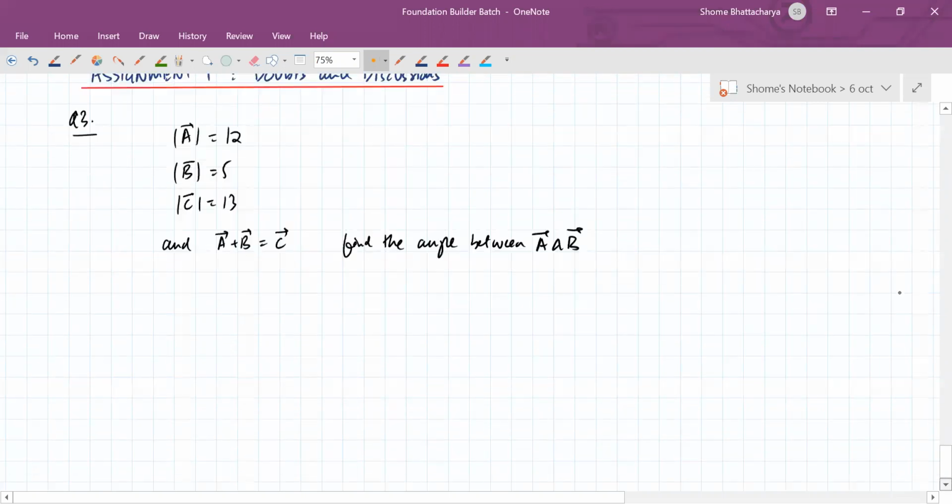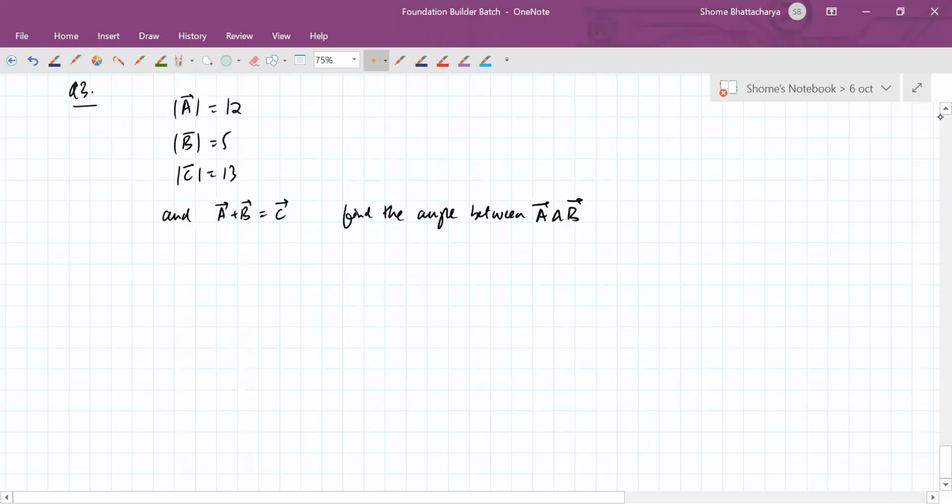One is we can take a formula based approach. So we go by the formula based method.